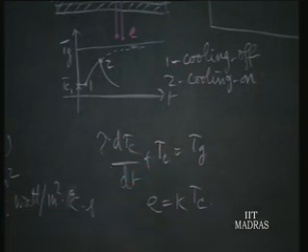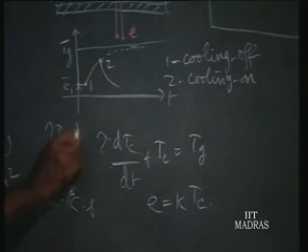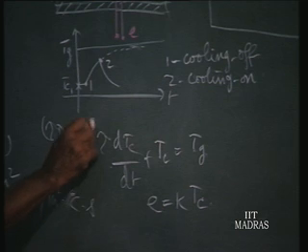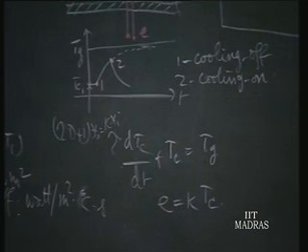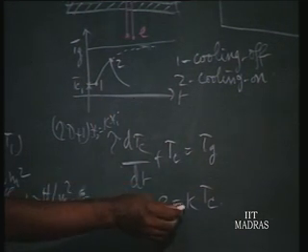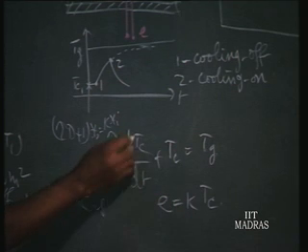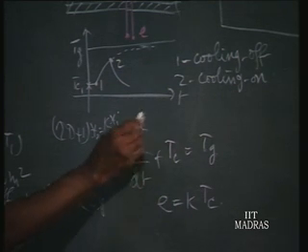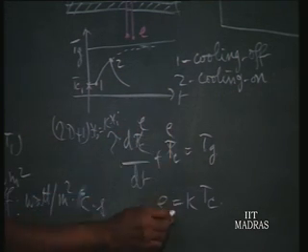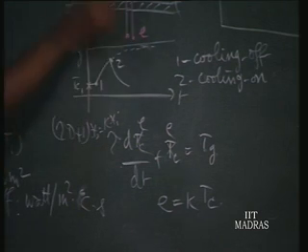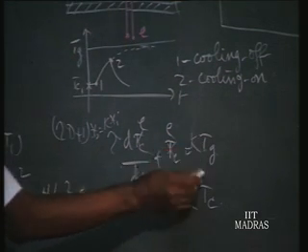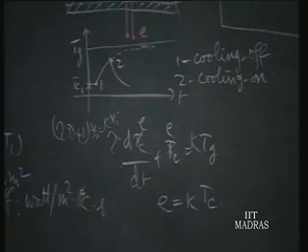This is the first order equation, tau d plus 1 xo is equal to k times xi, the standard format. If you substitute for Tc, you can write E, because the thermo EMF voltage is proportional to Tc, and here you can write K Tg. So it is a typical first order instrument.